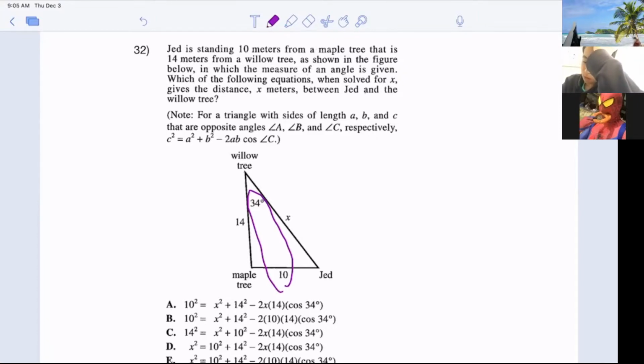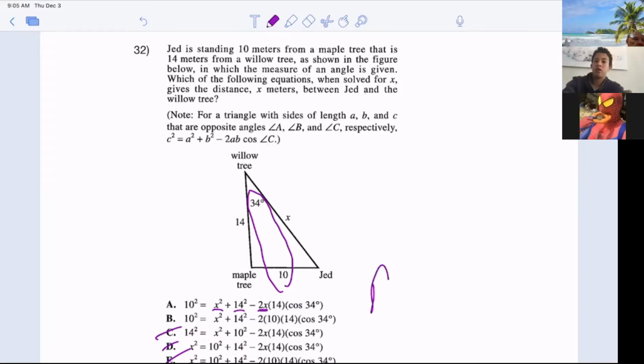10 goes on the outside. Does everybody agree? So it can't be C, D, or E. Right? So it's 10 squared equals x squared plus 14 squared. So it has to be what? Why are you saying B? This quantity in here are these two multiplied together.